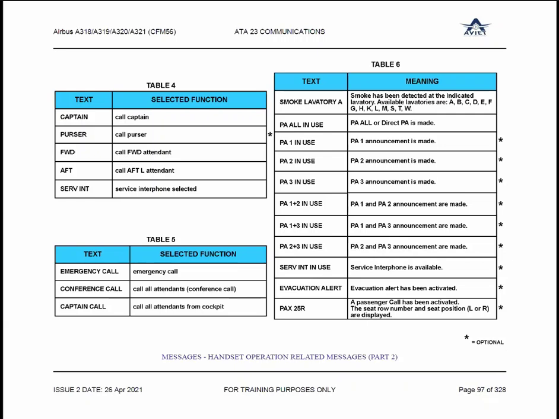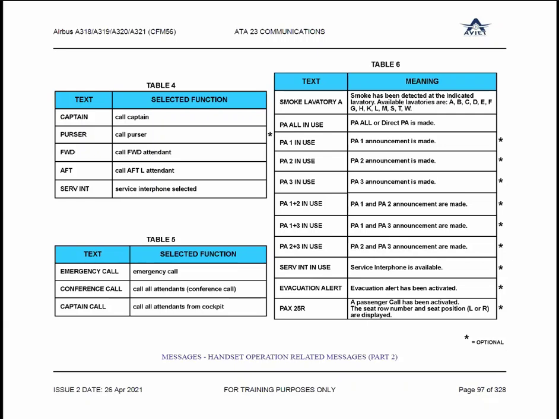At the same time, if the pilot presses the emergency call button, the same thing will happen. The only difference is the AIP will get the message, but a red light will illuminate, and the light will flicker 3 times, if I'm not wrong.